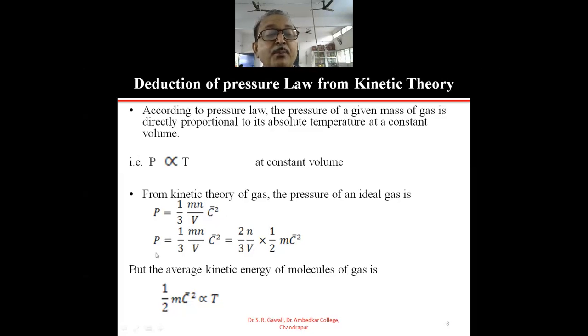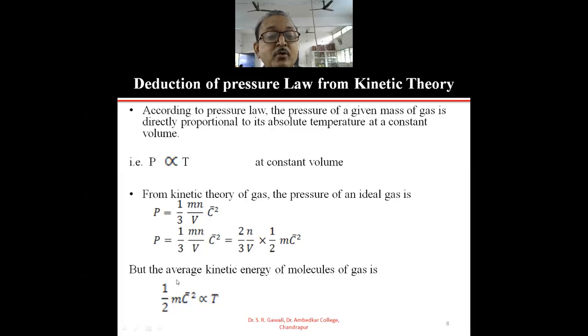We will write this same expression in a different manner as P equal to 2 by 3 n upon V into 1 by 2 m c bar square. And what is this 1 by 2 m c bar square? It is nothing but the average kinetic energy of the molecule of the gas.